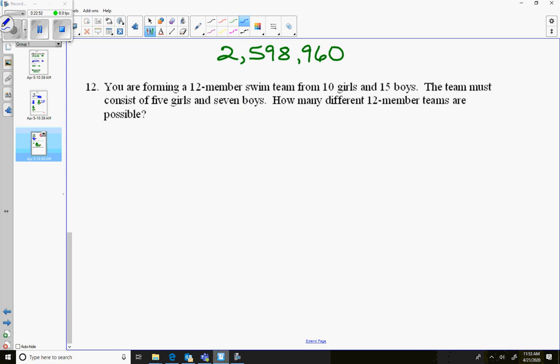So for the girls, since order doesn't matter, it's a combination. Of the 10 girls, we're choosing 5 of them. For the boys, it's also a combination. Of the 15 boys, we are choosing 7 of them. Every combination of girls could be matched up with every possible combination of boys.